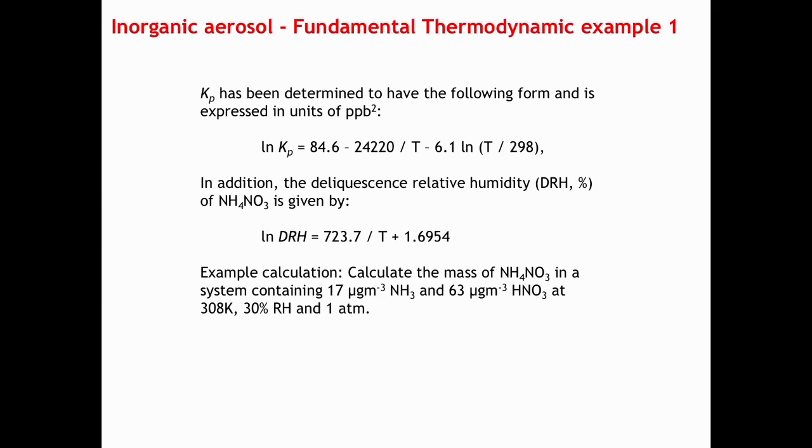You said 8. I think my calculation was 7.18. Maybe it's 8. Whatever the calculation is, that's how you calculate how much has turned into ammonium nitrate. So 8 parts per billion, roughly, of gas has been turned into ammonium nitrate.